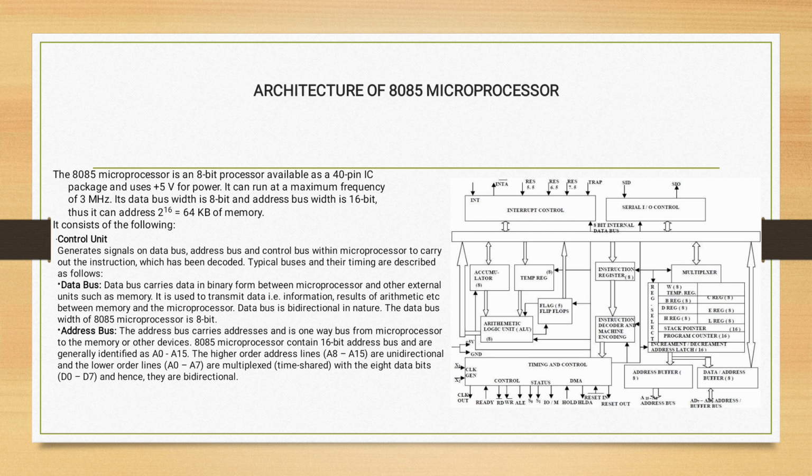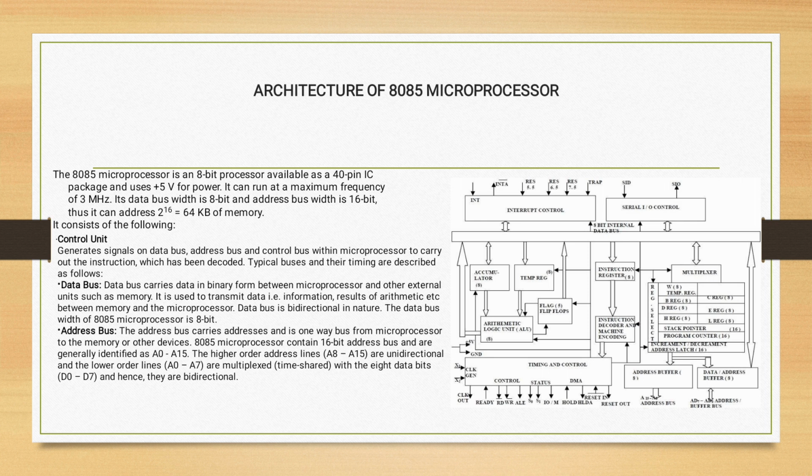It has some input output and interrupt characteristics, such as 256 IO ports addressable using IN and OUT instructions. Interrupts: it supports up to 5 interrupt vectors including RST0, RST1, RST2, RST3 and RST4.